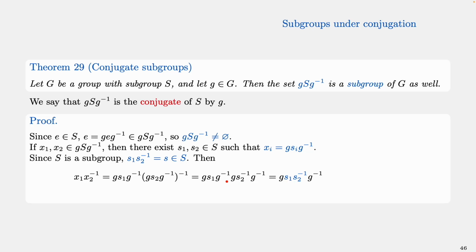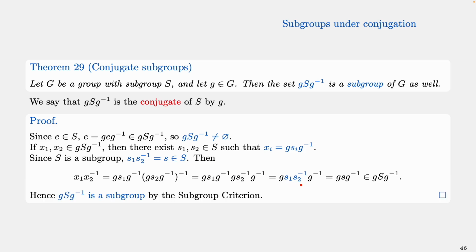The g inverse and the g here cancel out. So we're left with g s1 s2 inverse g inverse. But from here, because S is a subgroup, we know this is some element s. So this is g s g inverse, and this is again contained in g S g inverse. So this shows by the subgroup criterion that g S g inverse, the conjugate, is indeed a subgroup of the group G.